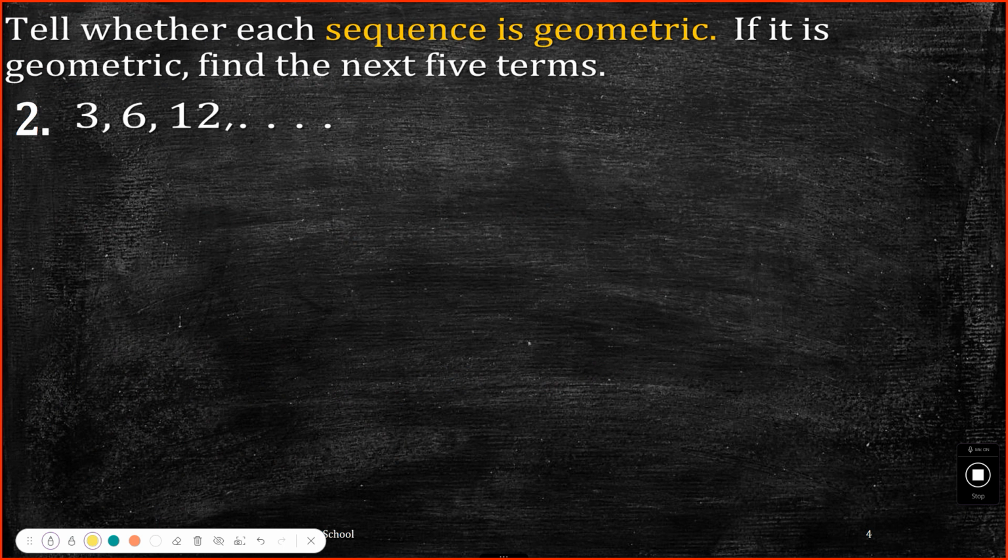Tell whether each sequence is geometric. If it is geometric, find the next 5 terms. Problem 2, you got 3, 6, 12, and so on. Is this a geometric sequence? How would you know if it is?